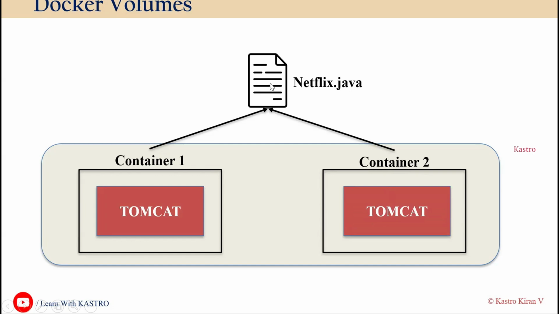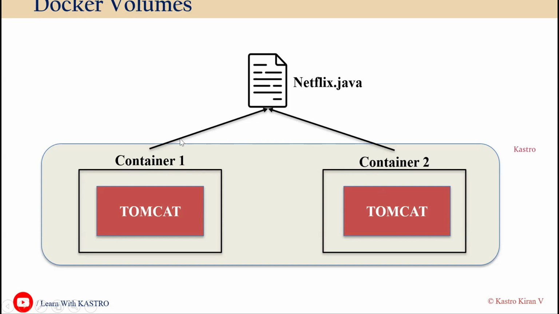Now, I will make some code changes in the netflix.java file. Whenever I make the changes, those changes should be available for both container 1 and container 2. So here, I am sharing the same file between two containers.